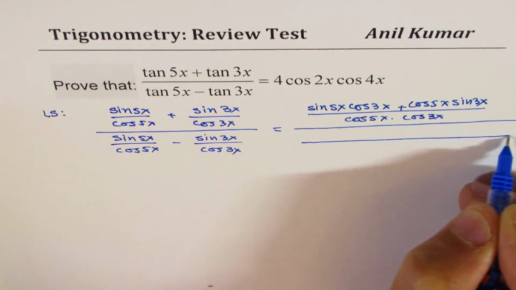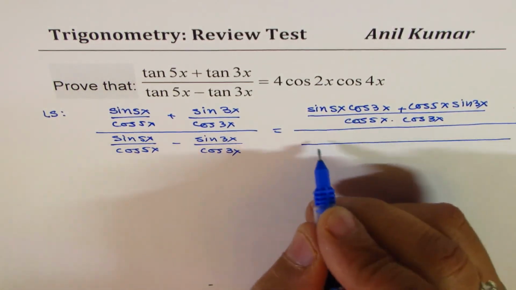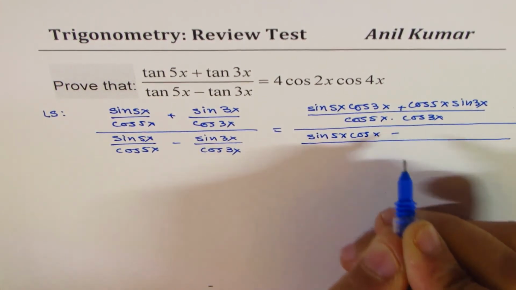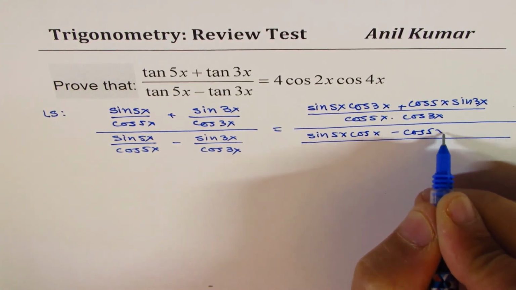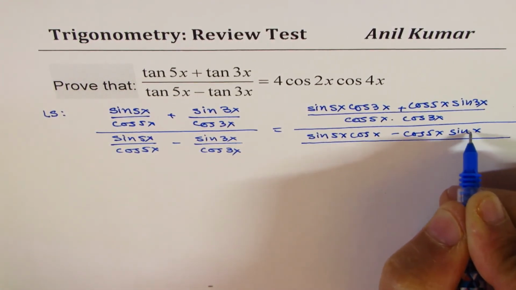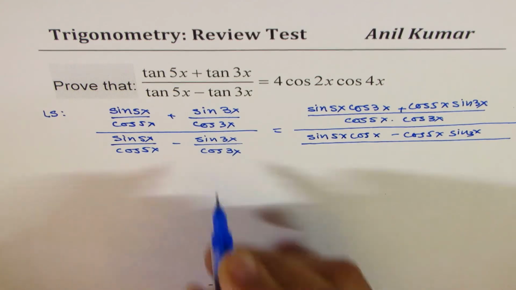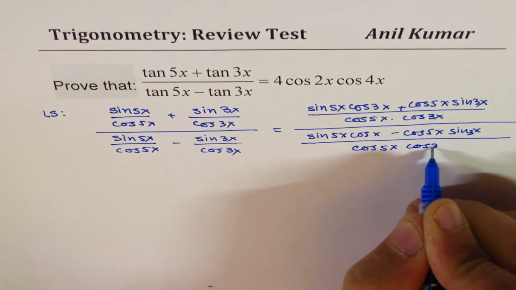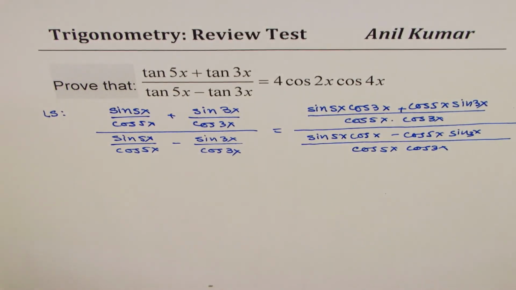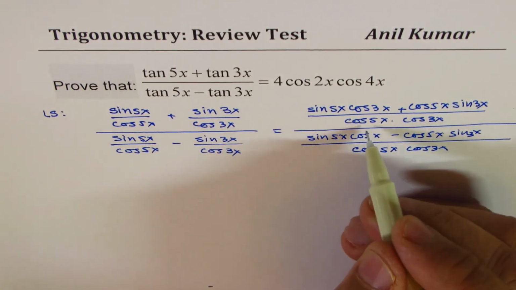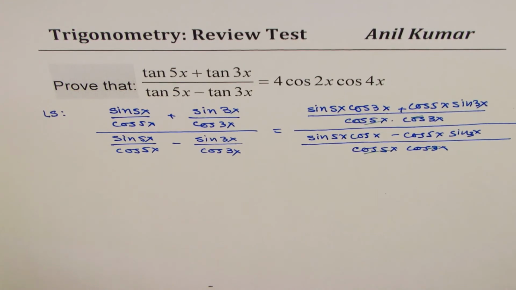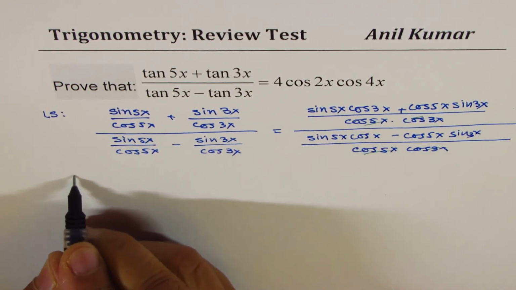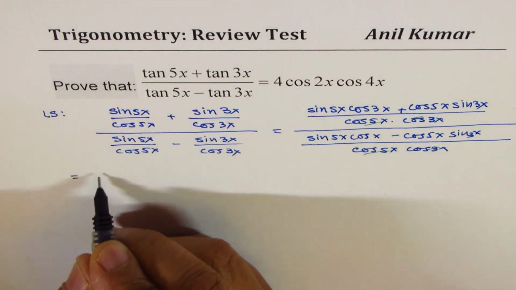Similarly, in the denominator, we get sine 5x cos 3x minus cos 5x sine 3x, and the product of cosines, cos 5x cos 3x. The denominators, as you can clearly see, cancel off, right? With the result, what we get is the ratio of these numerators.